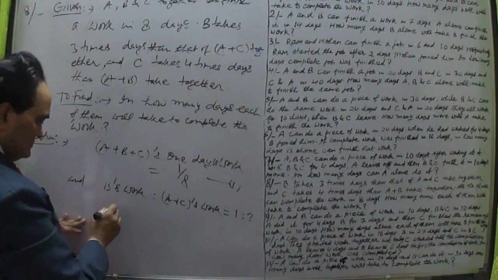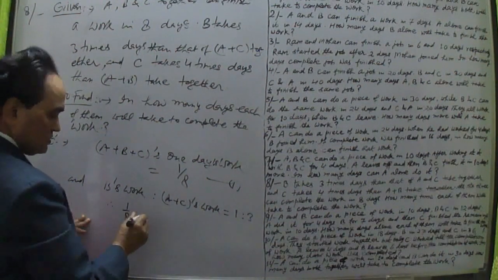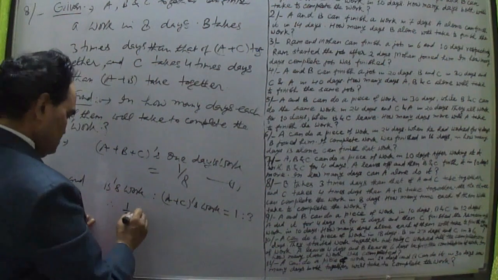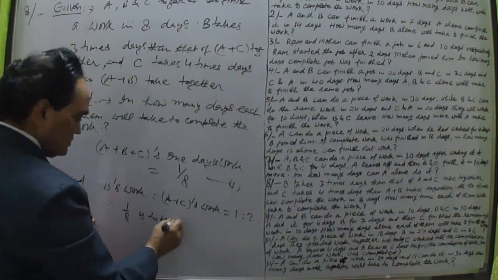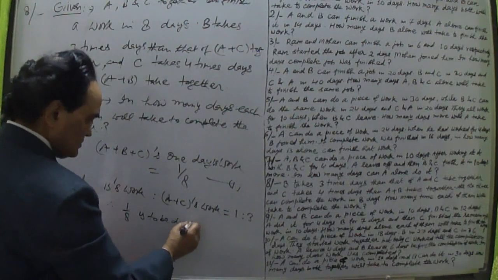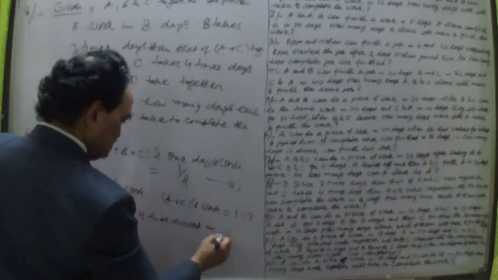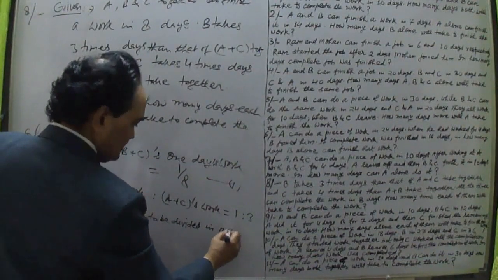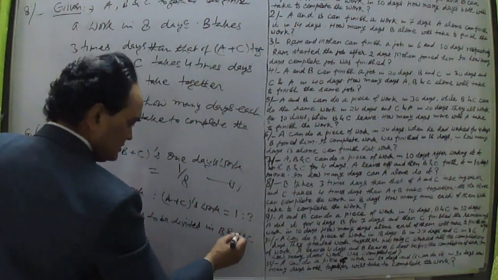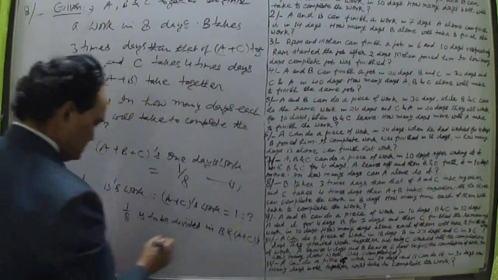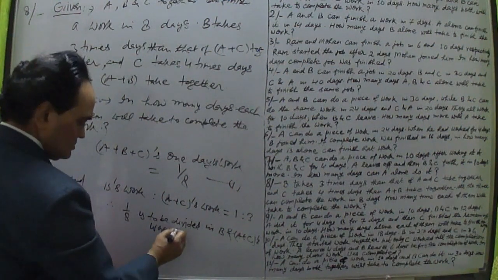So the ratio of this. Now, therefore, 1 upon 8 is to be divided between B and A plus C's working time.